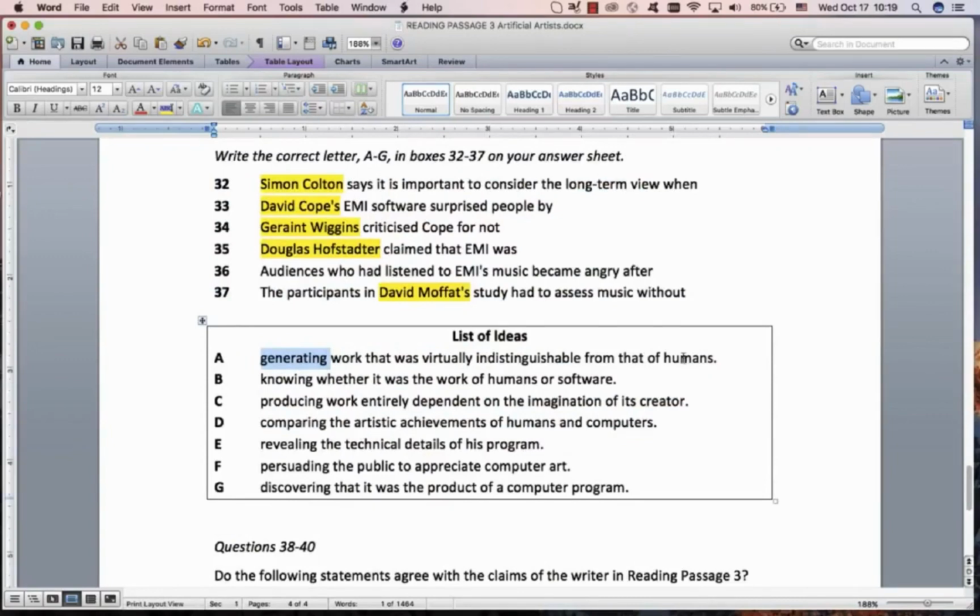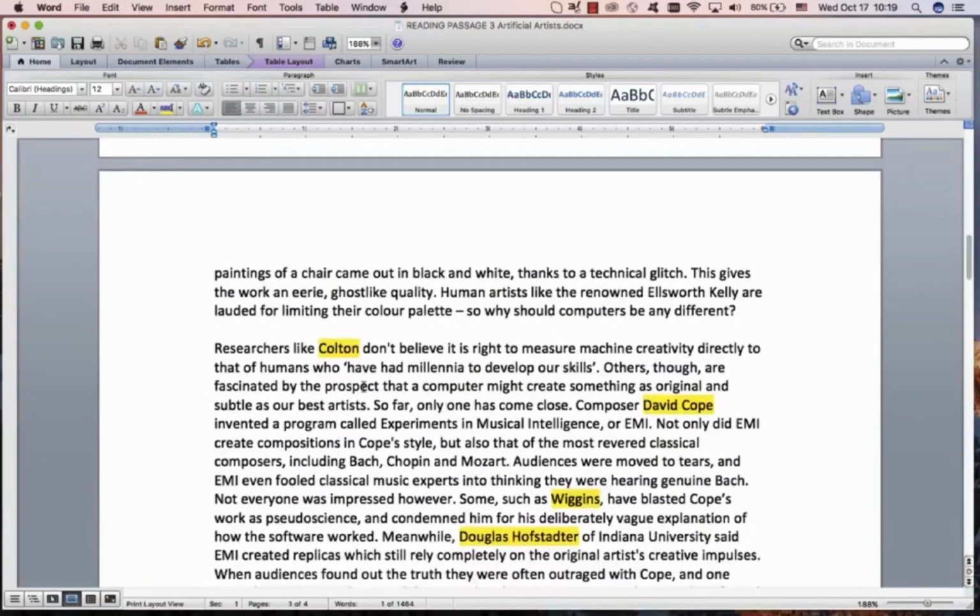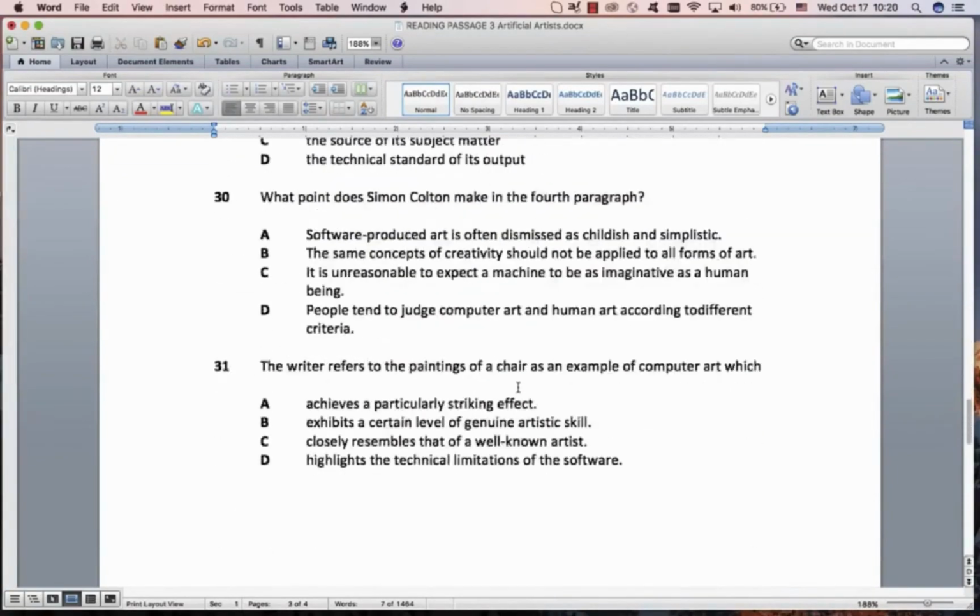So we're not talking about creating or generating. Knowing, measure is not really knowing. But comparing, measure to, measure compared to, they are similar enough. So he's saying when we compare machine creativity, computers, directly to humans, we should remember the long term. So I think that one was easy enough to do straight away.